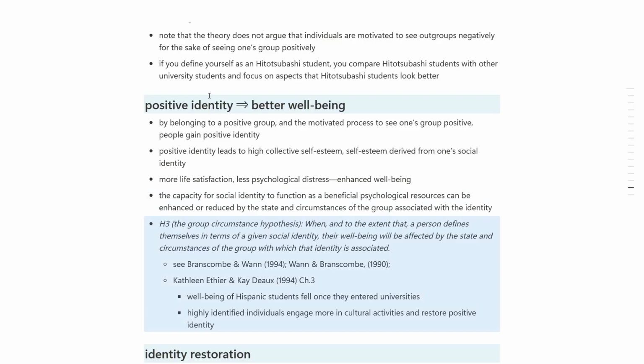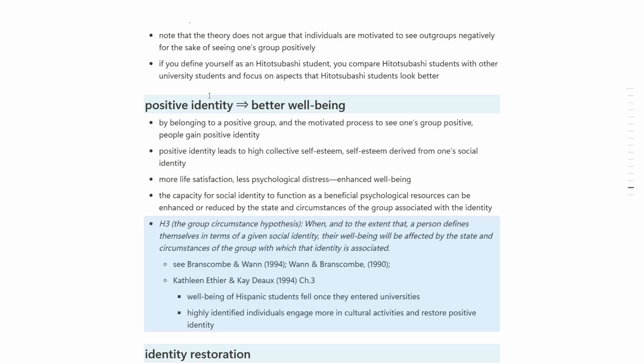When a team of your nation wins the gold medal in the Olympic Games, it means that the state of your group is high now. And the more you identify with your nation, or with the national team, the more likely you are to feel good about yourself.